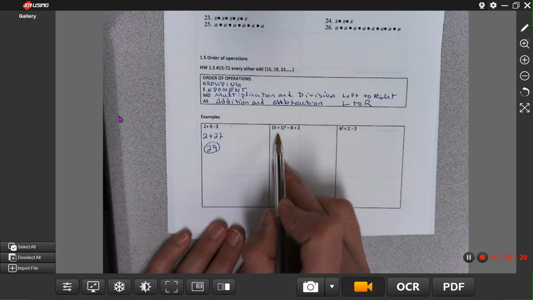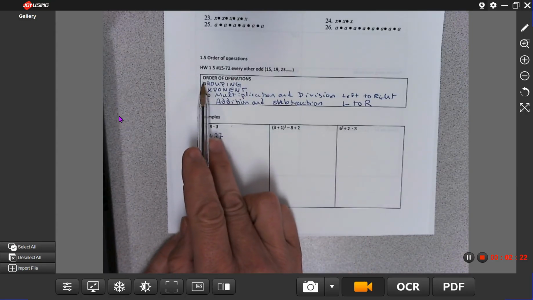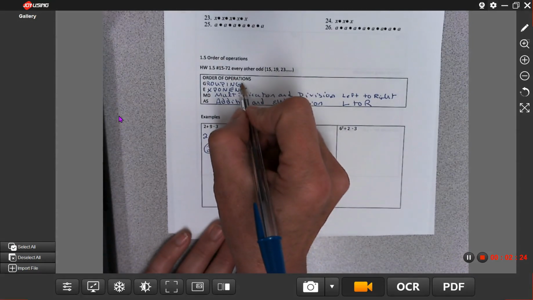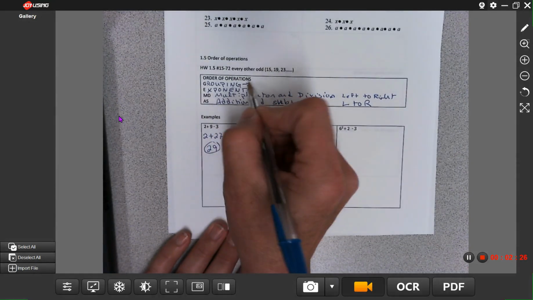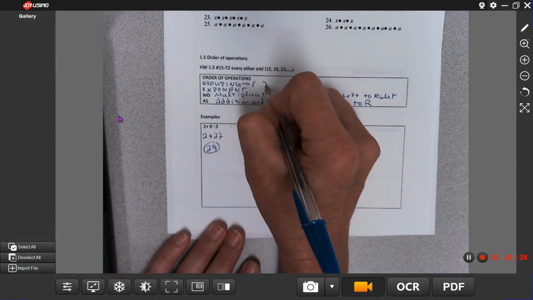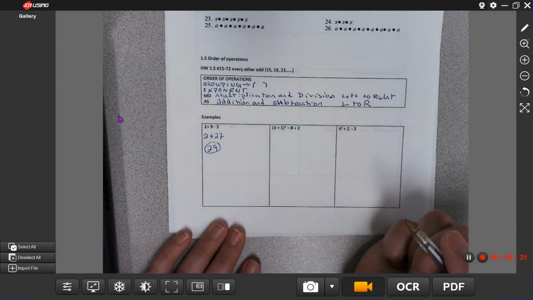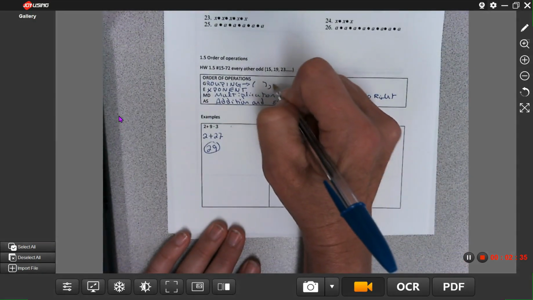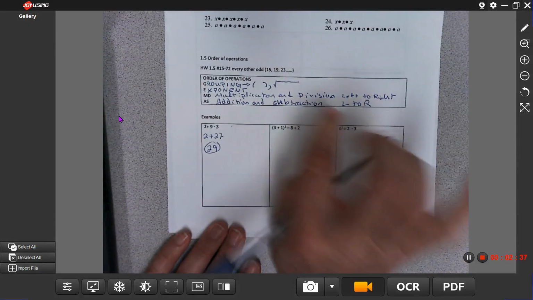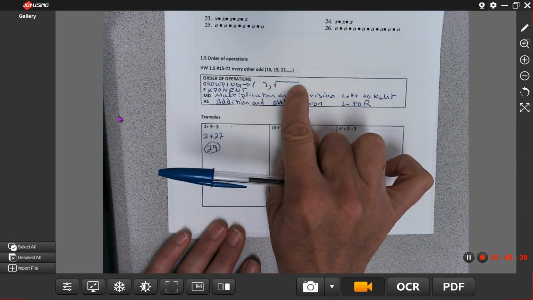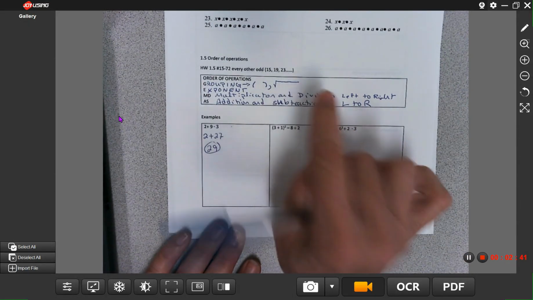Now let's look at this example. So grouping is first. So let's go back up here because we have a grouping symbol. What are the grouping symbols? Parentheses are a grouping symbol, so we have to do what's inside the parentheses before other things. Another example of a grouping symbol is a square root symbol. We have to do the radicand, what's underneath it, first.